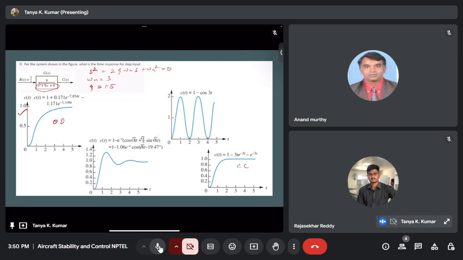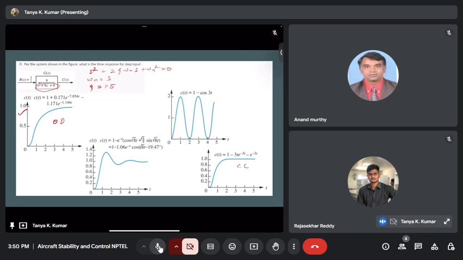This was just a simple way to find it, but there is a method to actually find out the equation also. So I had asked if you could come up with the solution. If you could just solve this and tell me how you did it, then we'll proceed to solve it together. So they've given you R(s), C(s), and they've asked you to find out c(t).